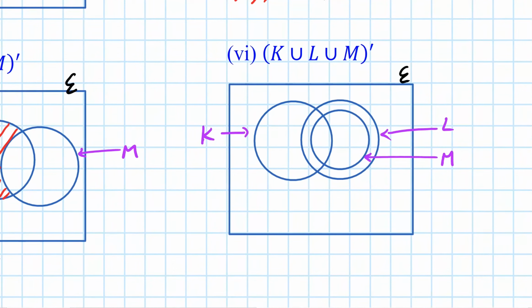We have the complement of the union. So we have the union given. Now the complement. Union is everything. Since we have M as a subset of L, when you govern L, M is already governed already. So it's inside. The union is just in there. So the complement is outside.